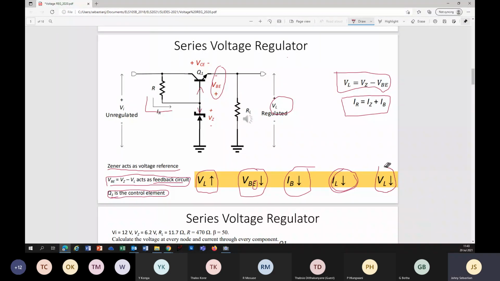Now make a comparison between the first and the last. We started with VL increasing, we end up with VL decreasing. Anybody got a problem here?